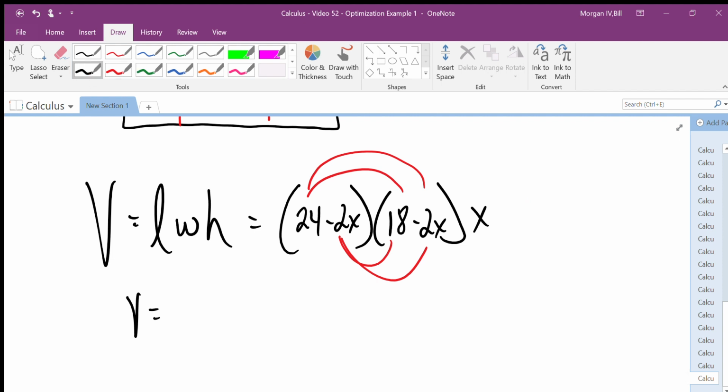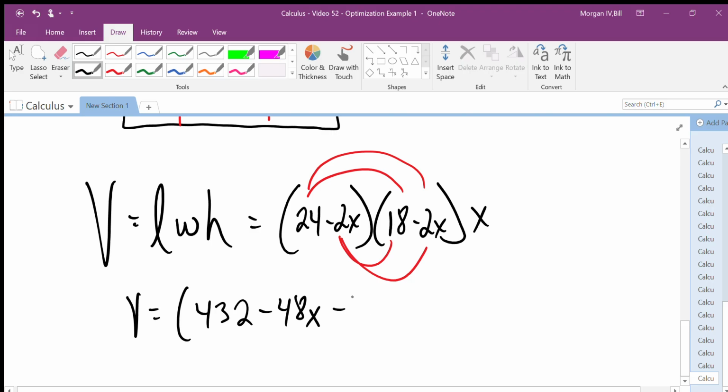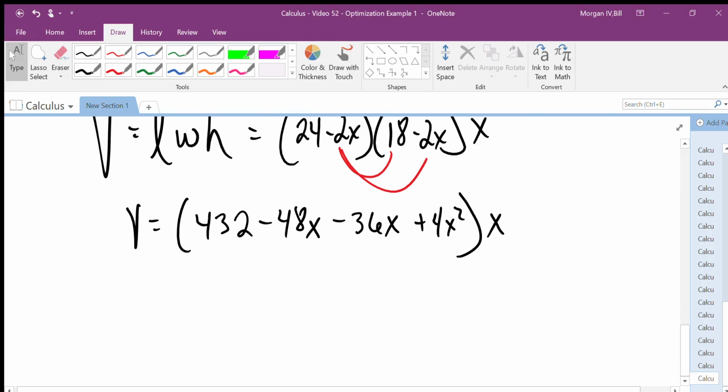So 24 times 18 is 432, 24 times negative 2x is negative 48x, negative 2x times 18 is negative 36x, and then negative 2x times negative 2x is plus 4x squared. All still multiplied by x.